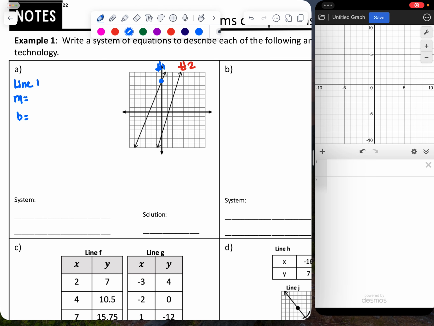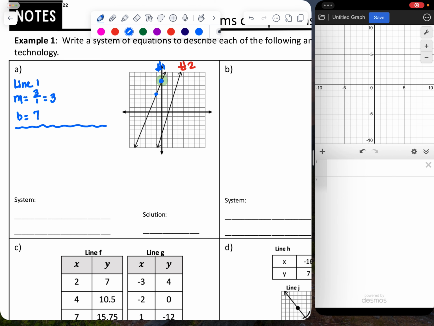So maybe this one and this one, all right? So I'll start with the bottom point, and I'm going up 1, 2, 3, and to the right 1. So 3 over 1, which is 3. And the y-intercept, where it touches the y-axis, right here at 1, 2, 3, 4, 5, 6, 7. So our b is 7.